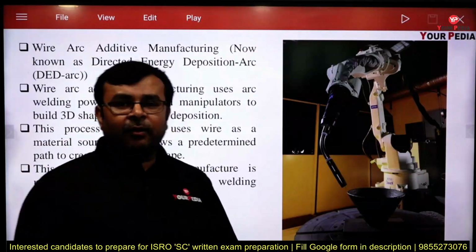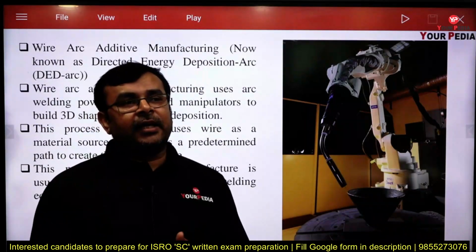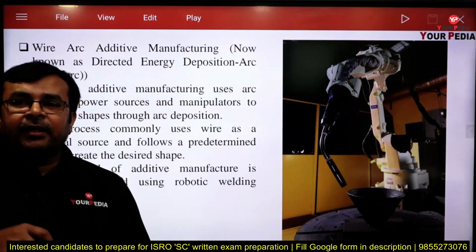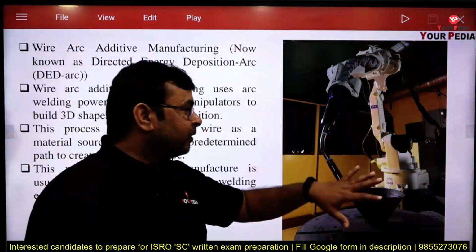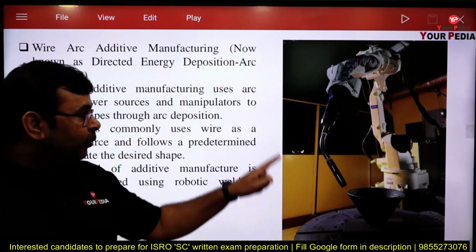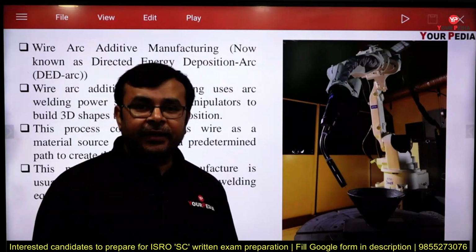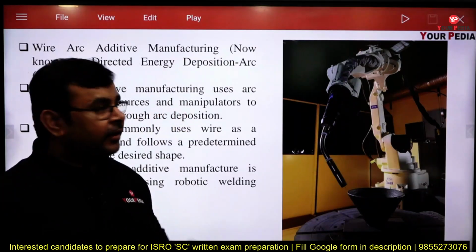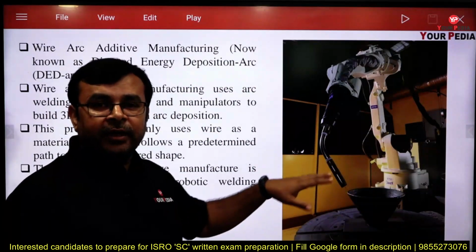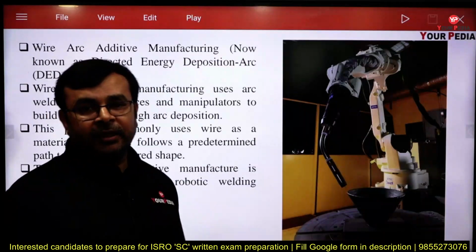If you want to make an object with this process, you make a CAD model, slice it, produce an STL file, then transfer it to the robotic arm, on which we fit the MIG welding torch. Then you run the program, and according to the program the torch moves and deposits the material layer by layer.